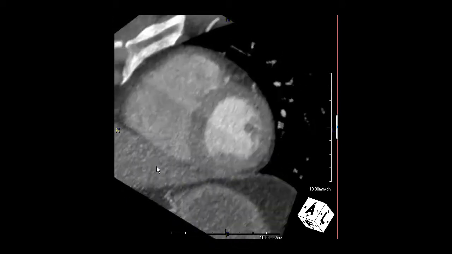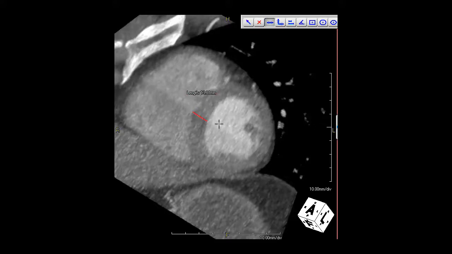We're now examining the end diastolic phase in the cardiac short axis. There's a question of whether or not there has been some hypertrophy of the septum. This is one of the views that we can use to make this measurement. If we look at the septum here to get an approximation of its thickness, we're getting on the order of 1.3 centimeters.